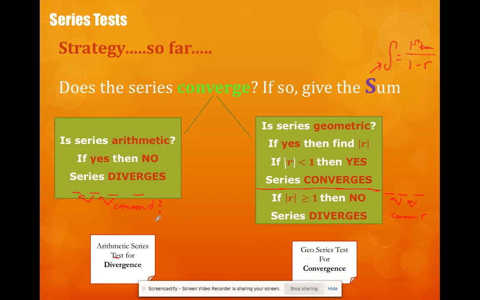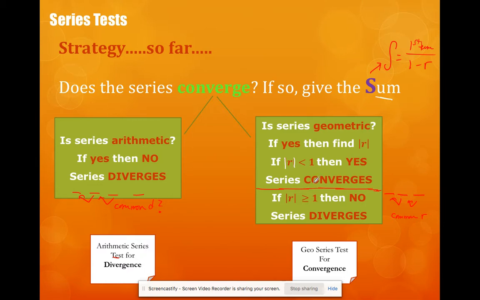Right? So remember, when you're looking at a series, whether it's in sigma form or whether it is just term by term, these are the things that you know so far about a series converging to a sum. An arithmetic series, the sum will grow without bound because the terms grow without bound.